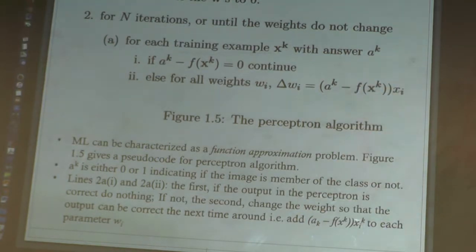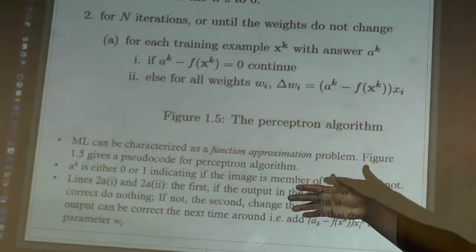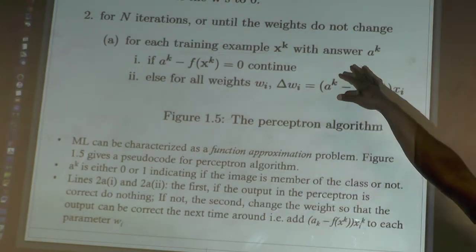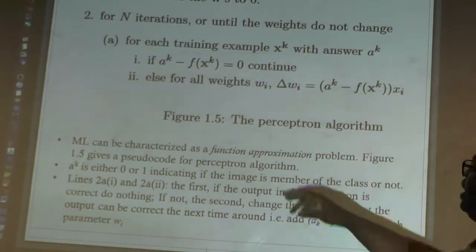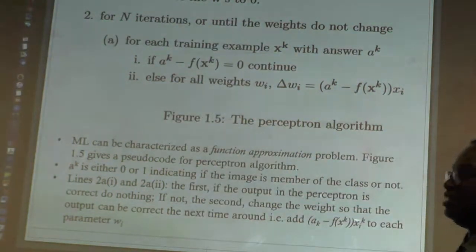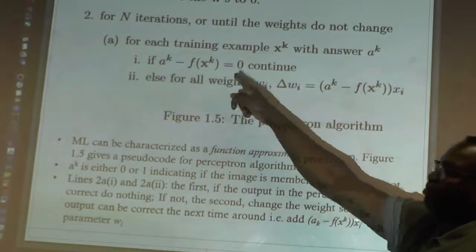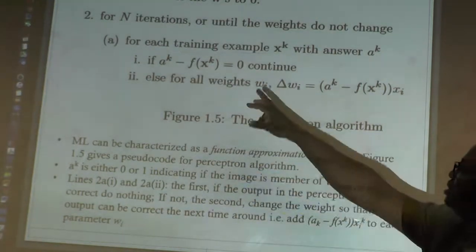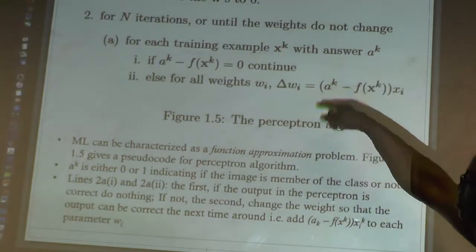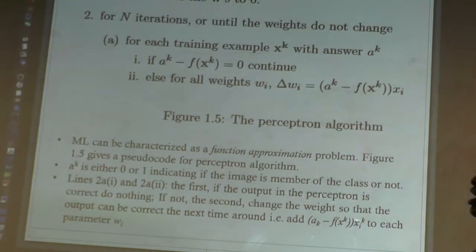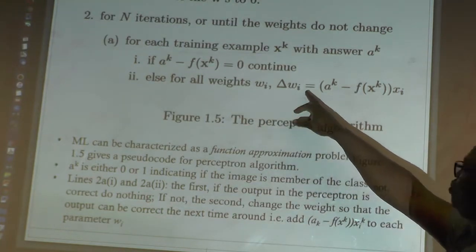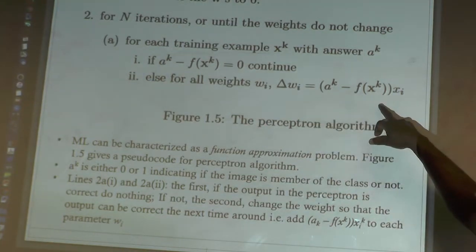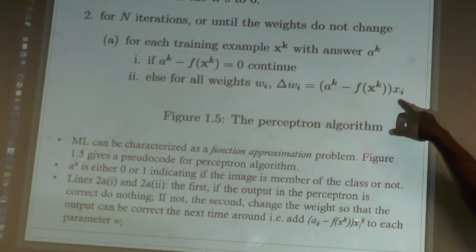In other words, if I have a training example, I know the label, which is what we call the answer key. The label, the one that is predicted. If the label, that is the answer, minus the perceptron is equal to 0, we continue with this process. If not, we update all the weights, that is, we calculate the difference in weight, multiplied by x_i.